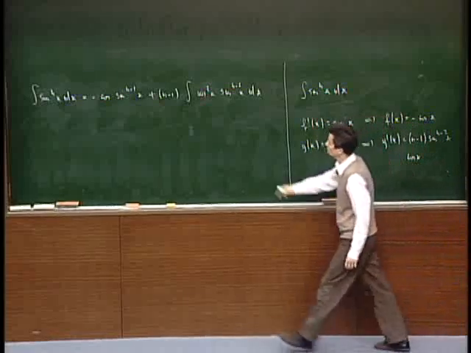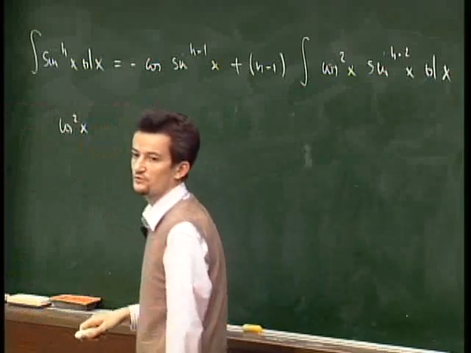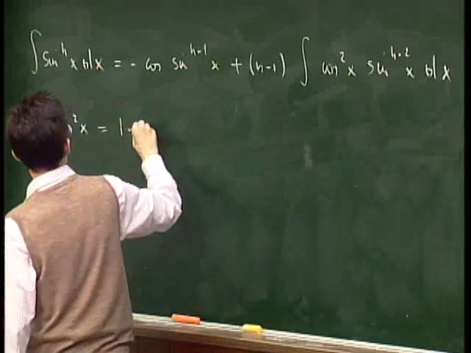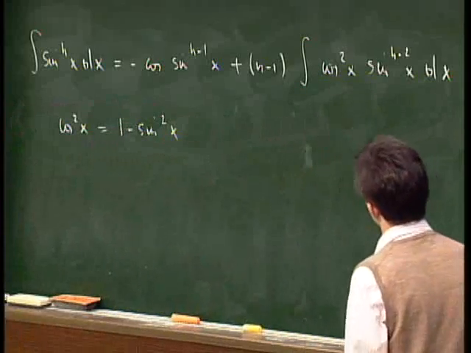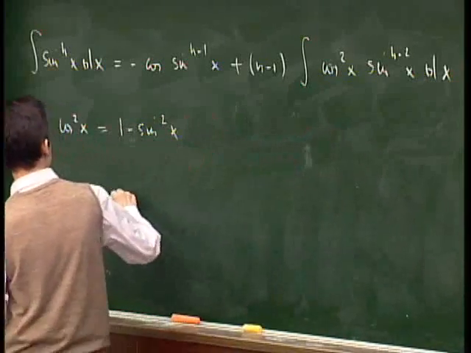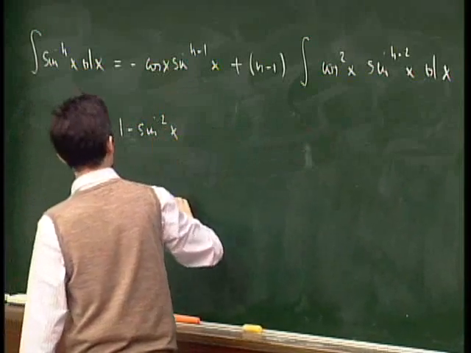Now we rewrite the cosine. Here, it's good to switch back to the sine. So the cosine square of x is 1 minus sine square of x. Now if you do this, what you get is minus the cosine. Sorry, here I forgot the x.